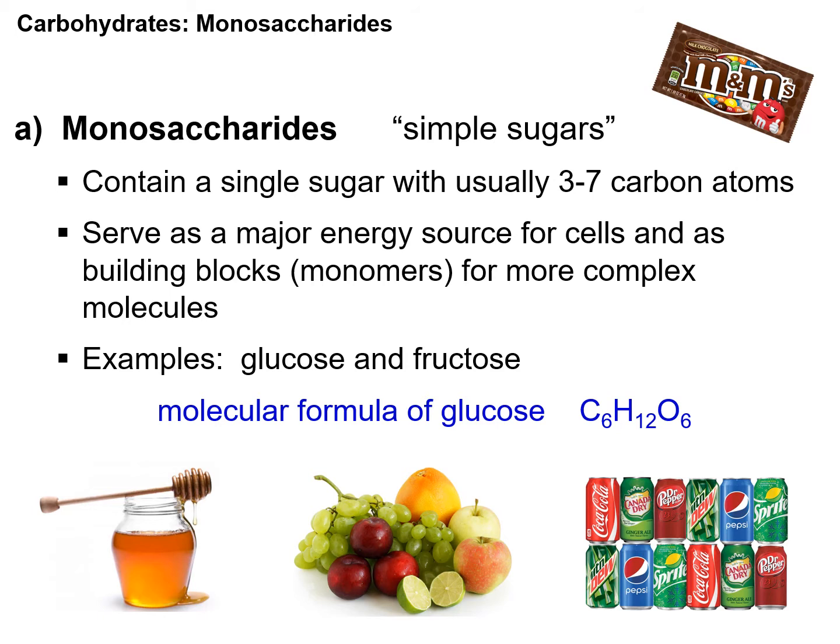Glucose is a major nutrient for cells and is used in cellular respiration to make ATP, another form of fuel required by the cell. Diabetics must regulate their blood glucose levels, so it's a sugar that we're familiar with. Fructose, or fruit sugar, is most frequently found in fruits and in honey.